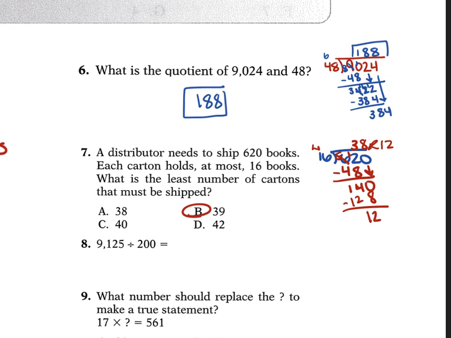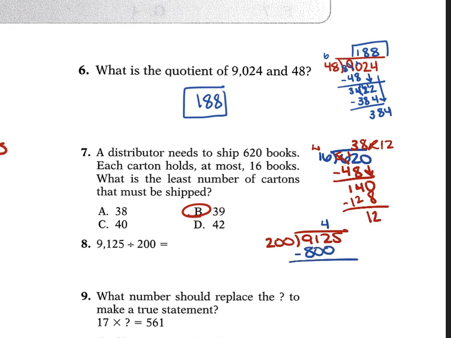For 8, we have 9,125 divided by 200. So we are going to have the 200 on the outside, then 9,125 on the inside. So 9,125 divided by 200. We're going to start by saying that 200 does not go into 9, nor does it go into 91, but it goes into 912 4 times, because 4 times 200 is 800.